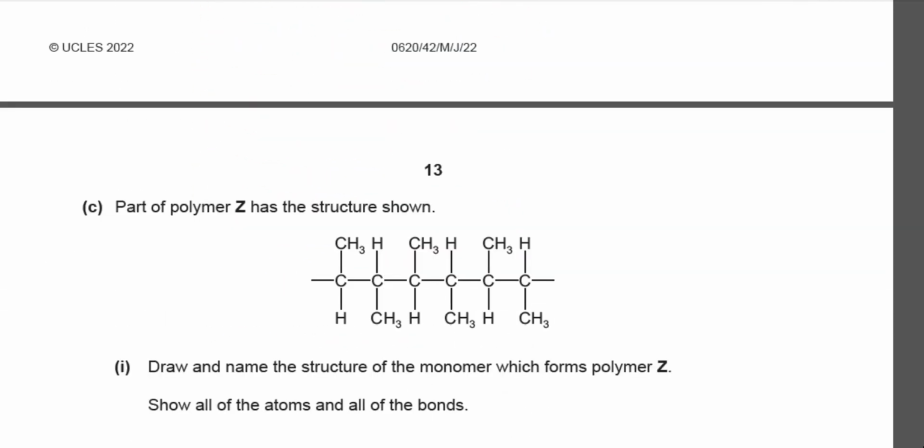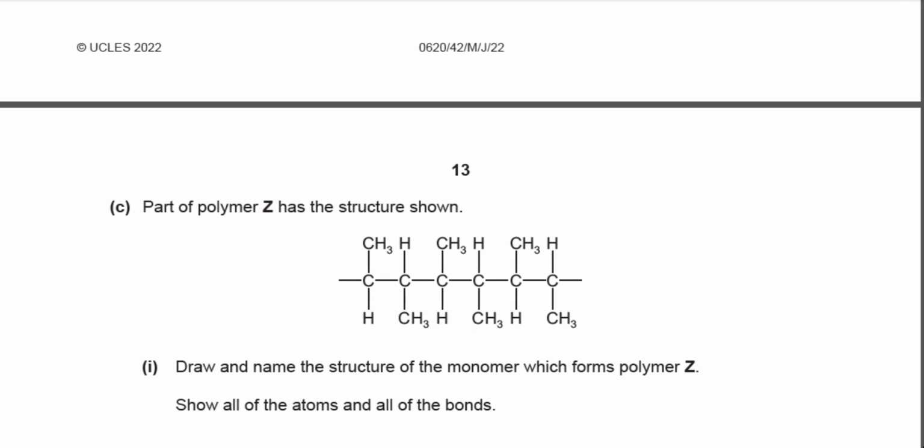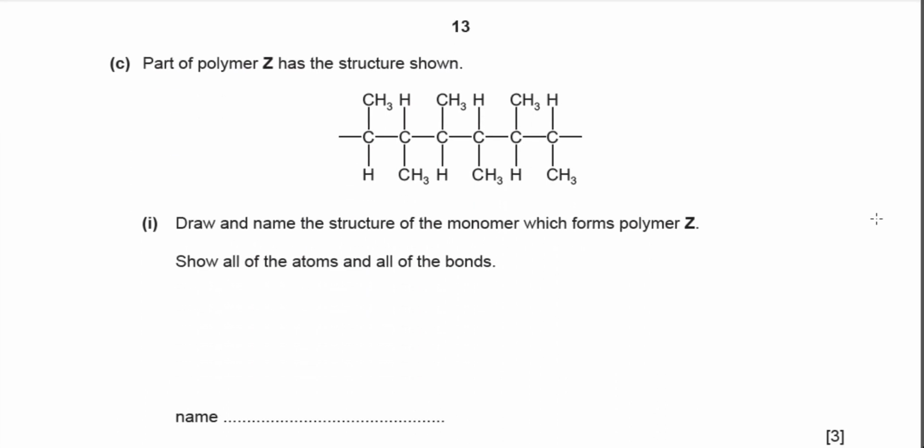Next, we can see addition polymer. He says that a part of polymer Z has the structure. In this structure we cannot observe C double bond O or C double bond O bond NH.